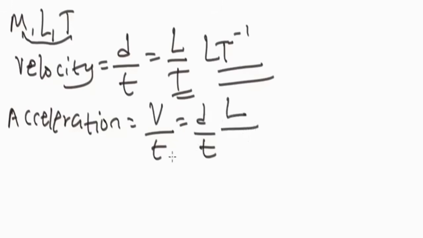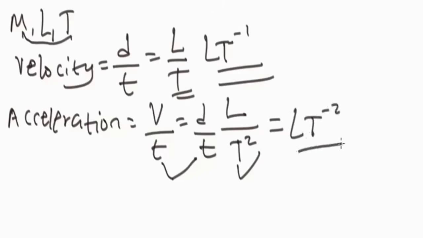This time around, we now have two times in this expression. That means length over t square, and this will be the dimension of acceleration. This is how it is normally expressed: length per time square. So this is the dimension of acceleration.